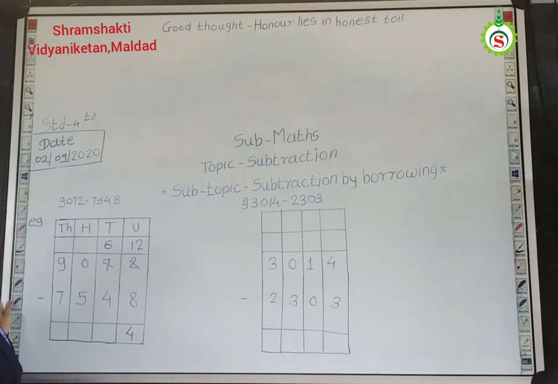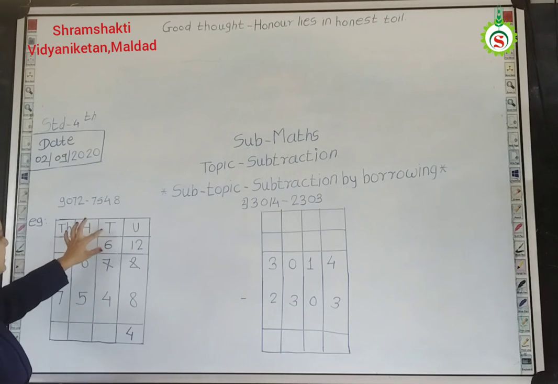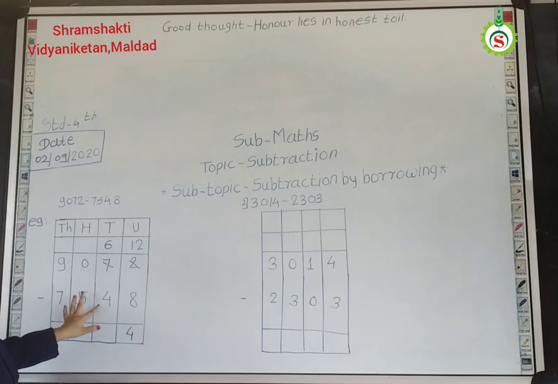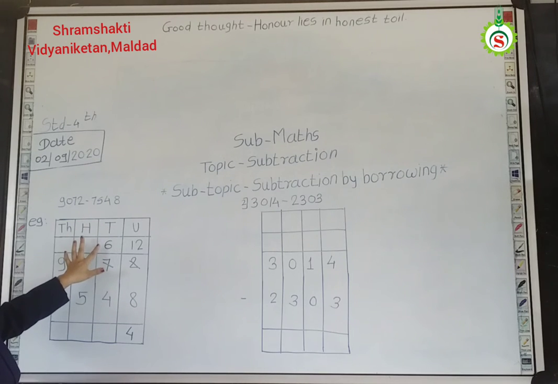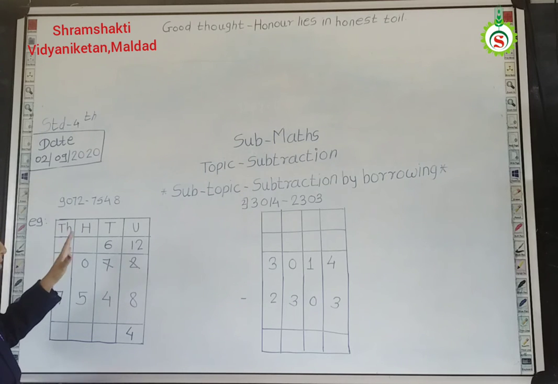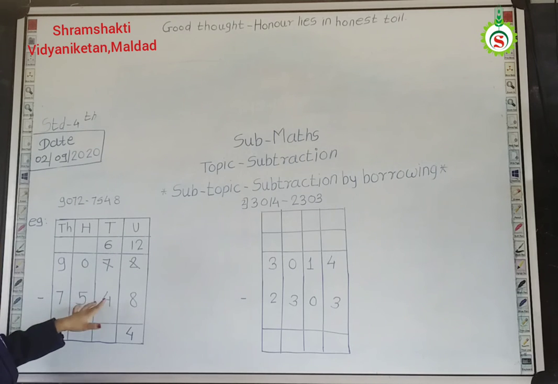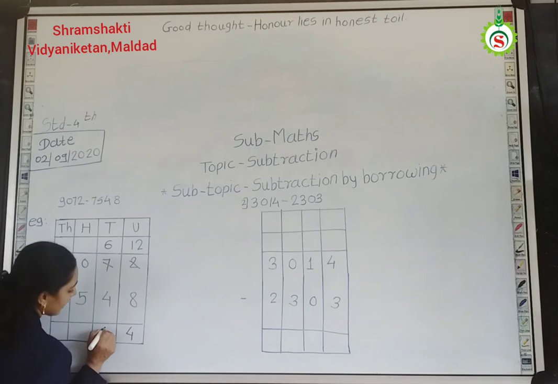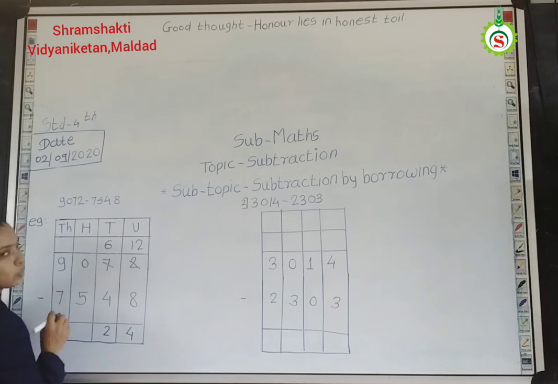Then next place, tens place. Now see here, 6 tens minus 4 tens. Here 6 tens are greater than 4 tens. Therefore here subtraction is possible. So 6 tens minus 4 tens. How much? 2 tens. Write down here 2.